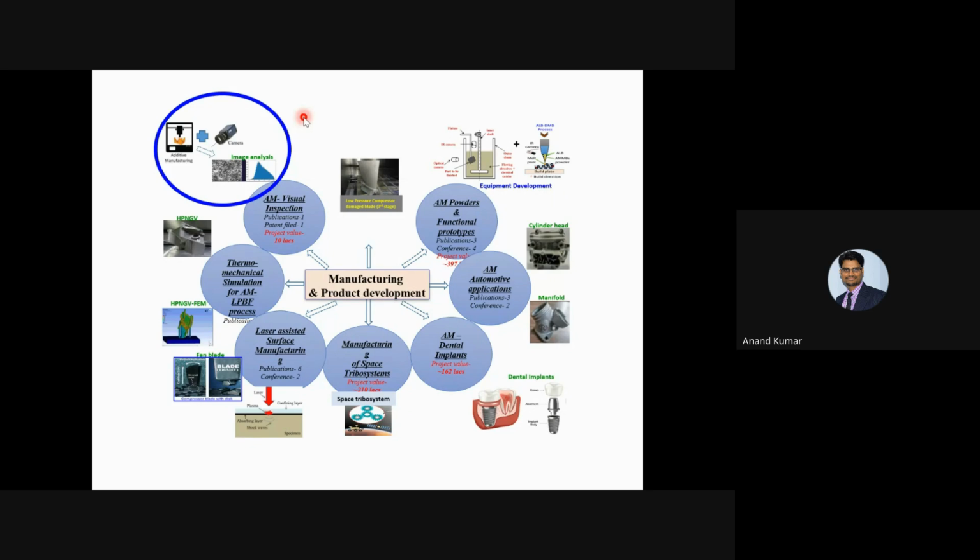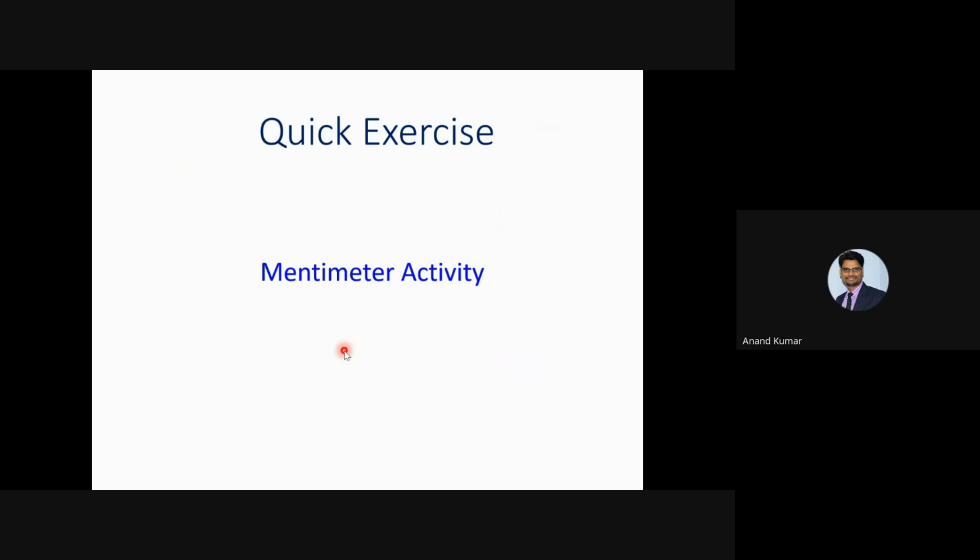These are one of the verticals which we use primarily for developing products, ensuring the quality, and its end use application. So my part of the talk would be addressing this vertical, although we work on various other research verticals also.